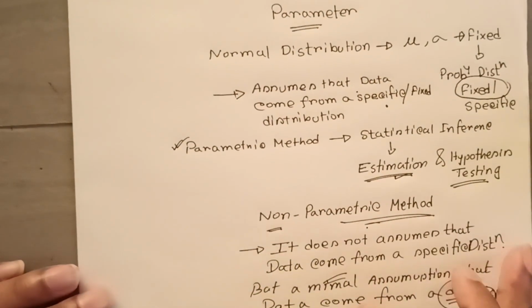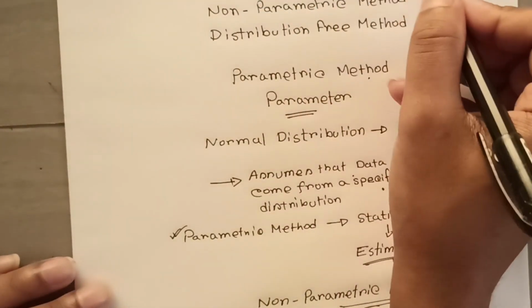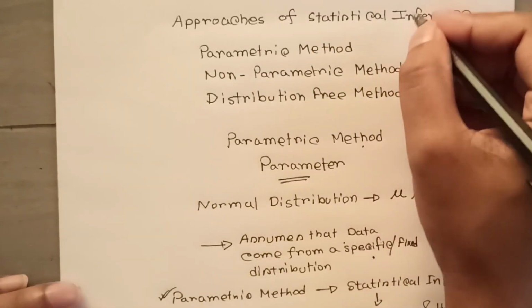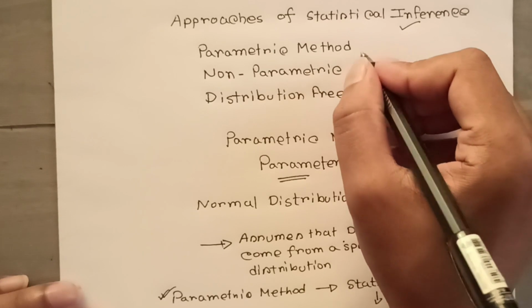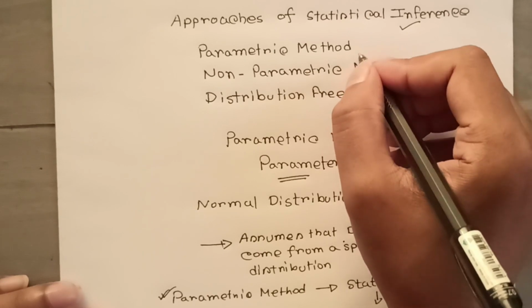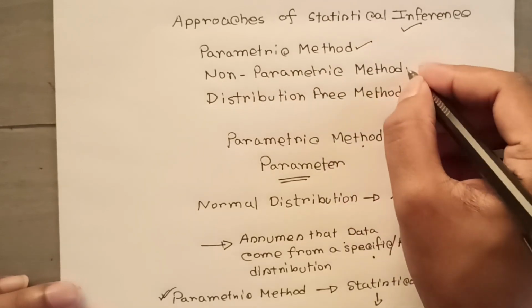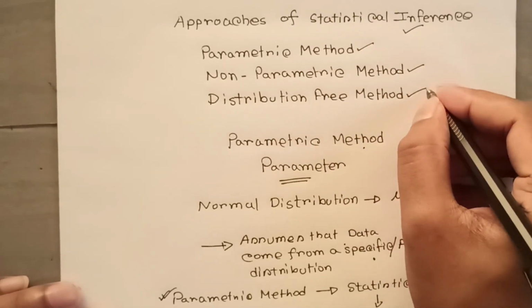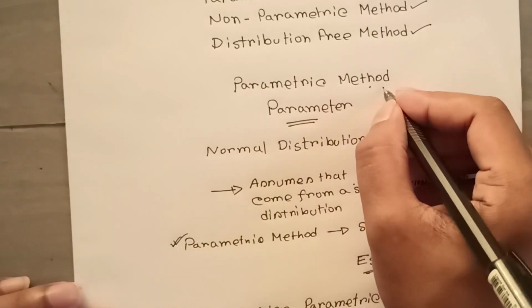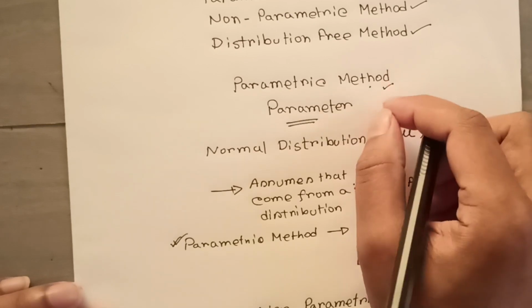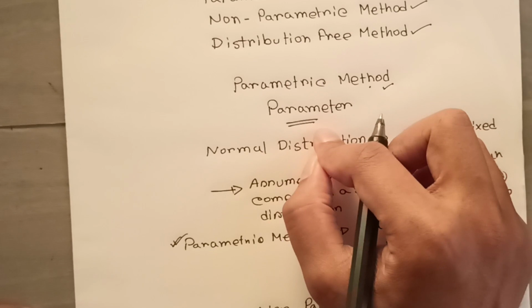So let's go for a quick review of the whole scenario. We have different approaches of statistical inference. We had different methods: the parametric method, the non-parametric method, and the distribution-free method. Let's start from the first one, the parametric method. We found out that the method is named after the parameter.